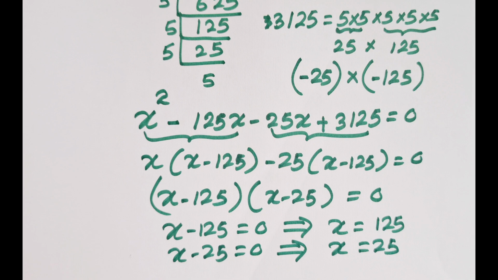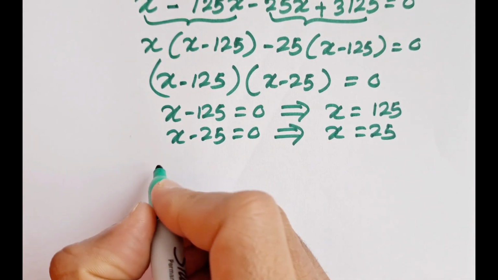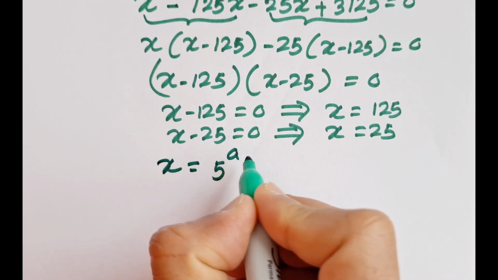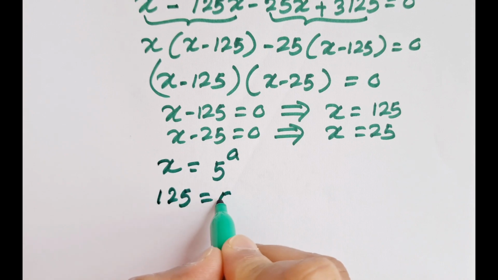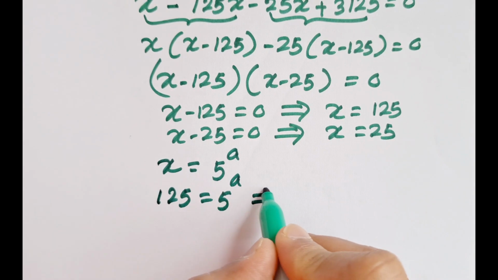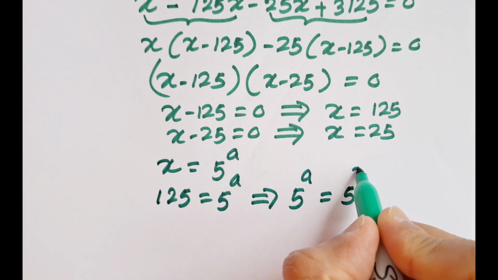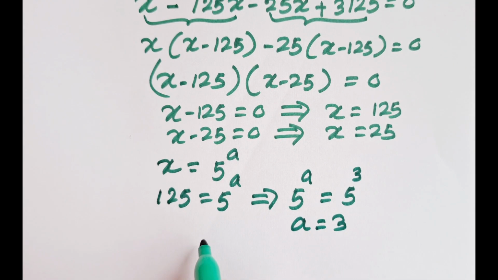We have two cases. Now we consider each case separately. We know that x equals 5 to the power a. In the first case, x equals 125, which is equal to 5 to the power a. So 125 equals 5 to the power 3. Now a is equal to 3 according to the exponential rules.